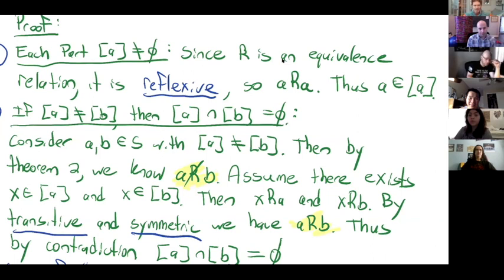I think I had symmetric. So you can see in this proof, we actually did need all three properties, reflexive, transitive, and symmetric, of the equivalence relation and nothing more. And so that's why these are three properties that are nice to require about a relation, because it gives us a partition of the set.